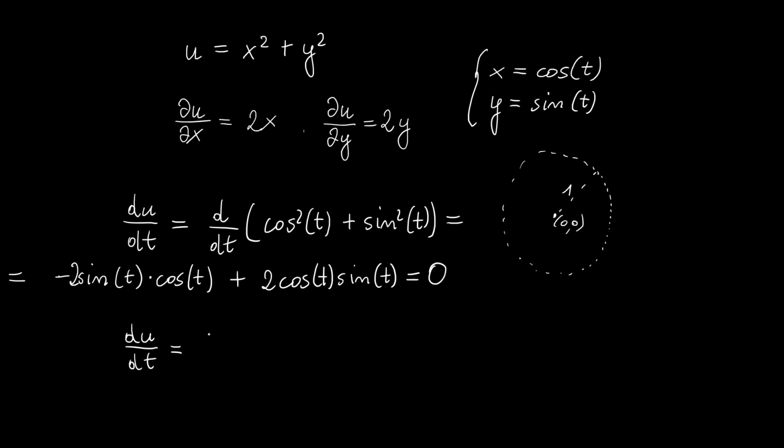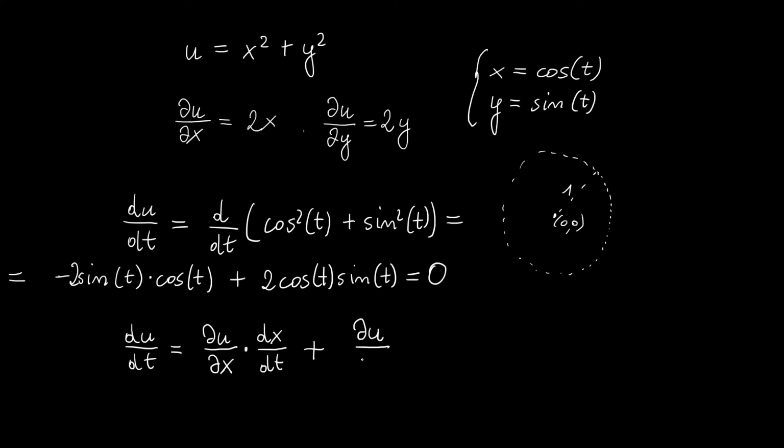We take each variable and calculate derivative with regard to that variable, and then multiply it by derivative of this variable as dependent on the argument t. So variable x with respect to t, and we add them together.